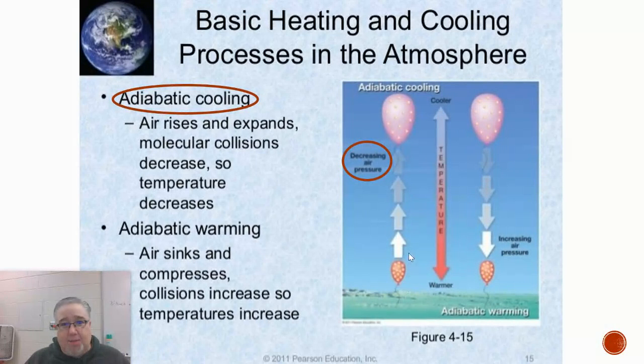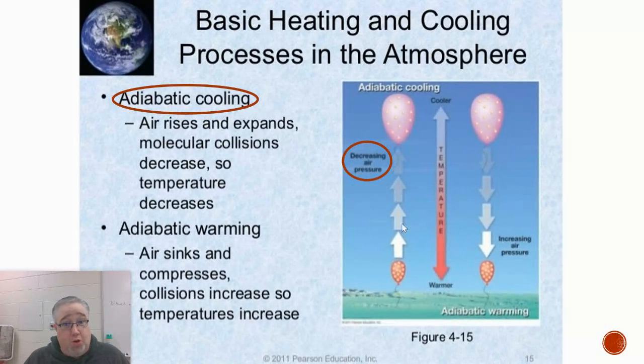As the balloon rises, the pressure around it becomes less. So what happens to those particles that are in the balloon? It's not like there's any less of them. It's the same number of particles, but because the pressure around the balloon is less, those particles expand more. And if they expand, they're not colliding as much. And that means the air is becoming cooler.